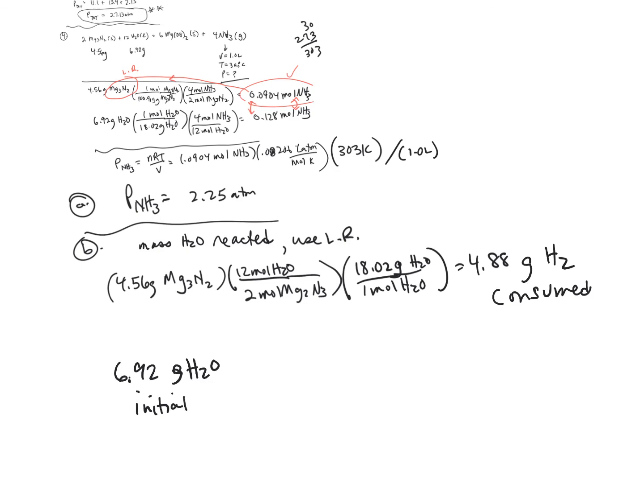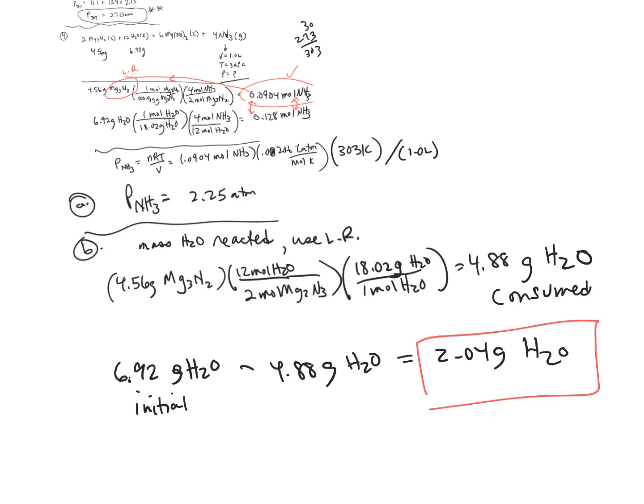And subtract the amount used up, 4.88 grams of water. That will be 2.04 grams of water. So that is the amount of water that is left over. This is the amount of the excess reactant right here.